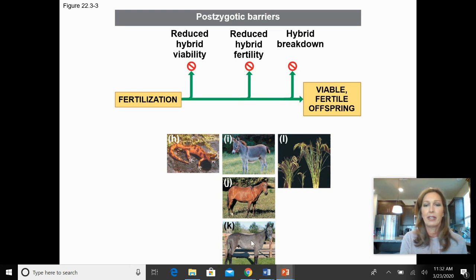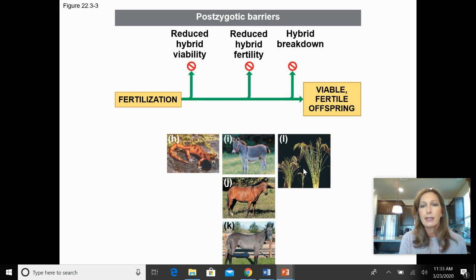They take on the characteristics that are the best of both of their parents. But the trade-off is they're sterile. So these mules, these hybrids that are produced, end up being sterile, and therefore can't pass on their genetic makeup to offspring. So in order to get more mules, you always have to go back to crossing a horse with a donkey. That reduced hybrid fertility prevents mules from ever being their own species. They are just hybrids.